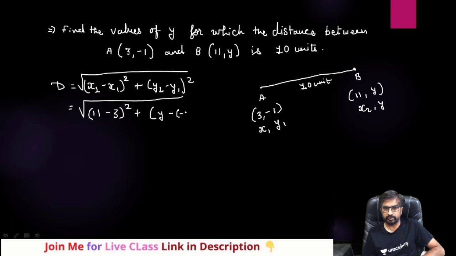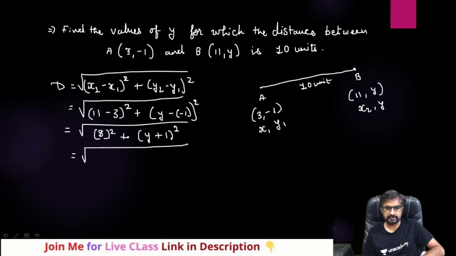So minus 1 in bracket, you need to get whole square. So here you will get under root 11 minus 3, 8 square, plus here minus will become plus, so you will get (y plus 1) whole square, and here you need to use an identity.